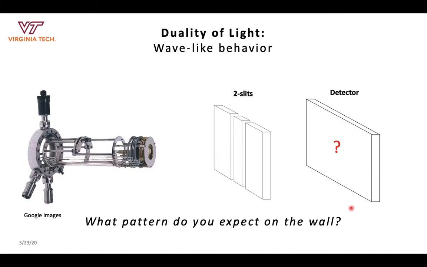Now, again, because of the duality of light, light also behaves as a wave. So if we took out the tennis ball gun and replaced it with an electron gun, where you could fire a beam of electrons at something that we would describe as two slits, where again you have openings and then areas that would block the transmission of the electrons, we ask again, what pattern do you expect on the wall?